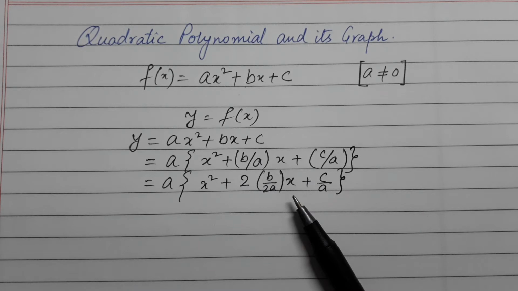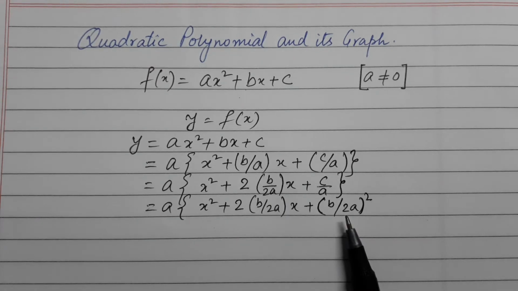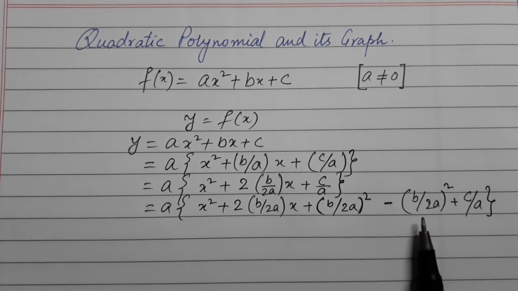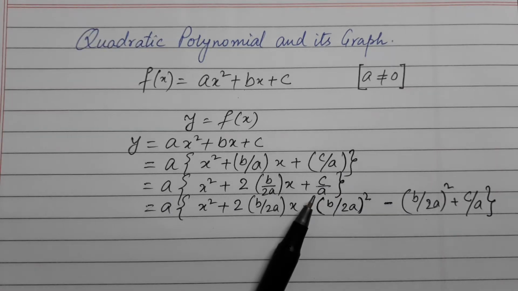To complete the square we need to add y², and here the y is b/2a. So let us add (b/2a)². Since I have added an extra number, we need to subtract that number also: minus (b/2a)² plus c/a, which was already there.